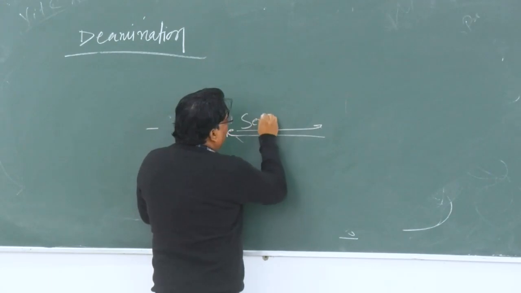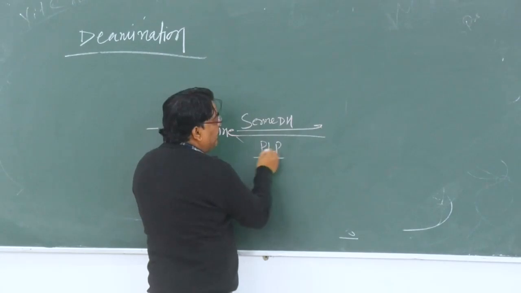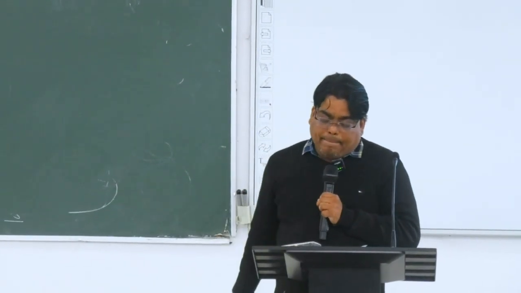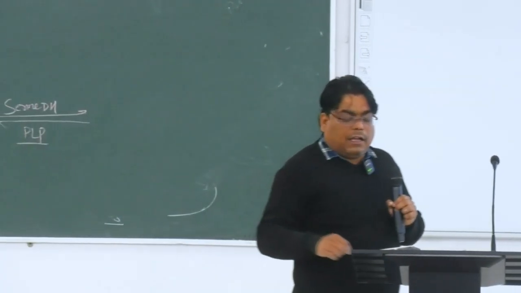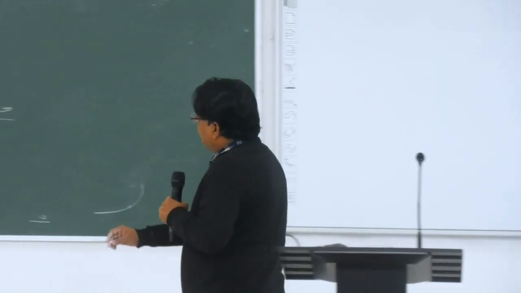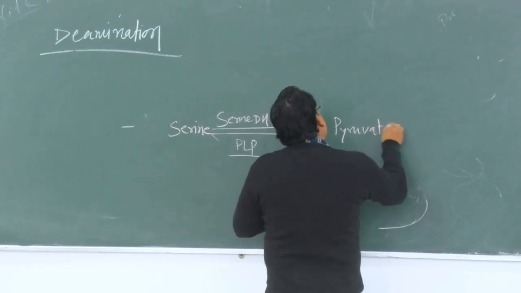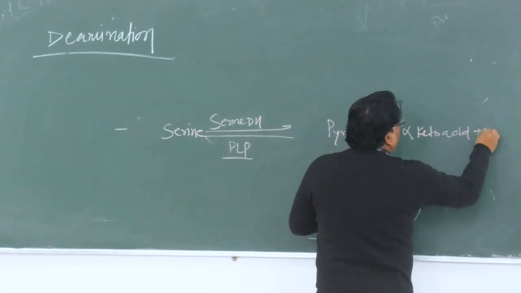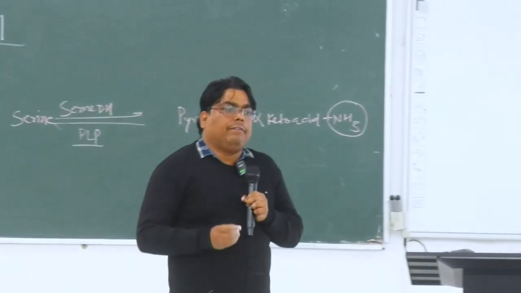Serine dehydratase is an enzyme which proceeds with PLP, removing ammonia as pyruvate and NH3. So this is an example of non-oxidative deamination.